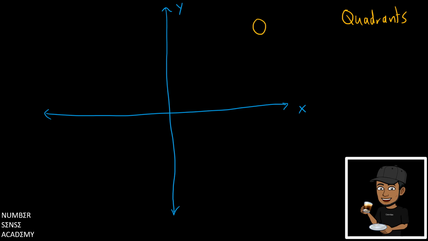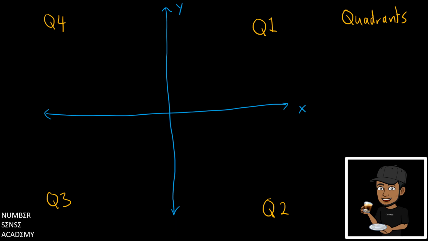So here we have Q1, here we have Q2, here we have Q3, and here we have Q4. Now there's something happening in each of these quadrants as far as the type or the value of the coordinates. All right. So what's happening?